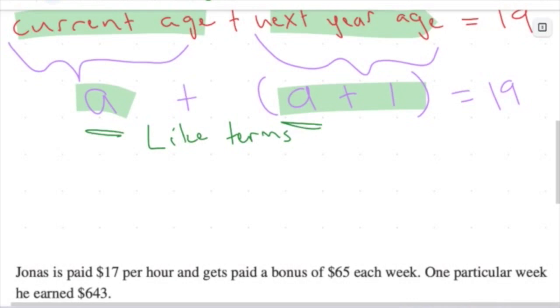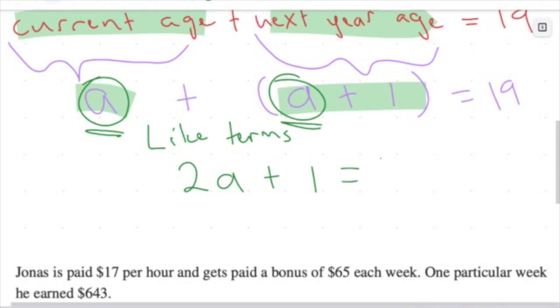So when we write A plus 1, when I add my like terms of A and A, what am I going to get? Well, algebra tells us that I'm going to get 2A. And my plus 1, I can't do anything with that to simplify it at all.